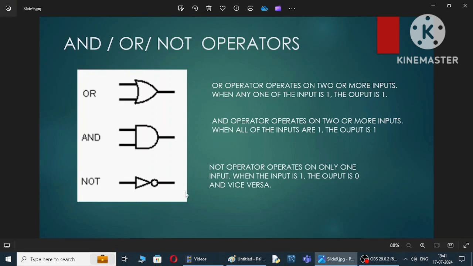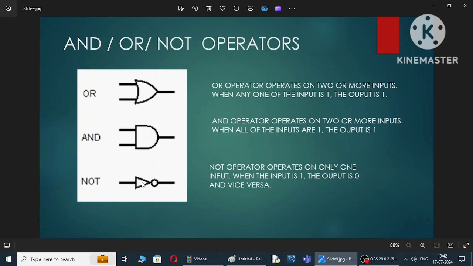So these are the symbols. Okay, so this is the OR gate, this is the AND gate. Look at the shape, how it appears. This is curved here and is pointed. This is straight here and is bent this way, and a NOT gate is a small triangle with a small circle at the point, right? So these are the symbols for OR, AND, and NOT gate.